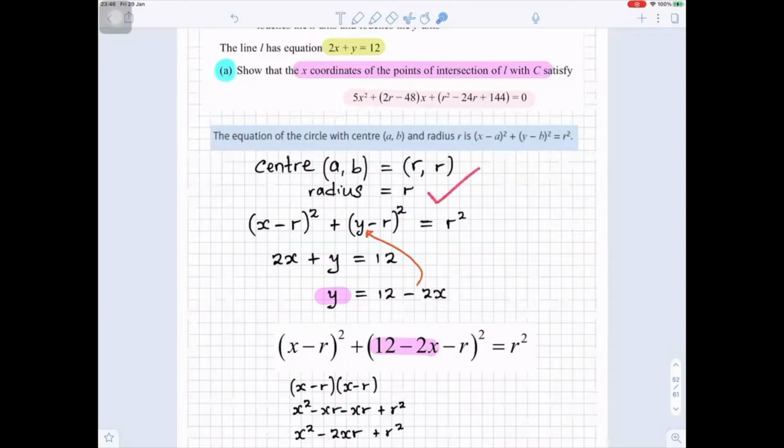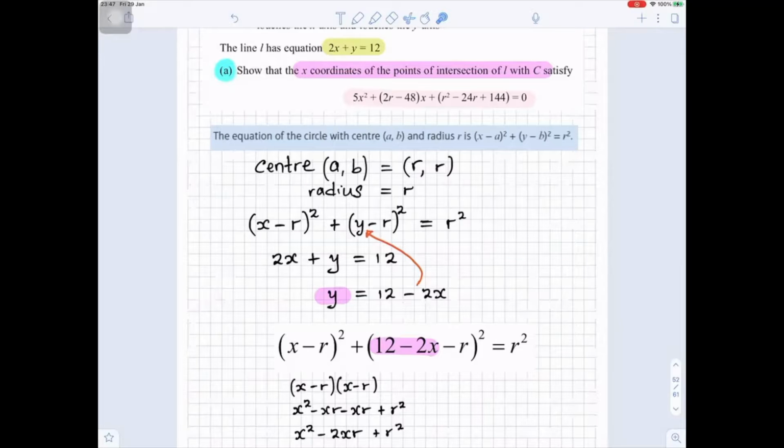So the center is (r, r) because a equals b and the radius is r. So in that equation for a circle, we'll put a to be r and b to be r. So it's (x minus r) squared plus (y minus r) all squared equals r squared.